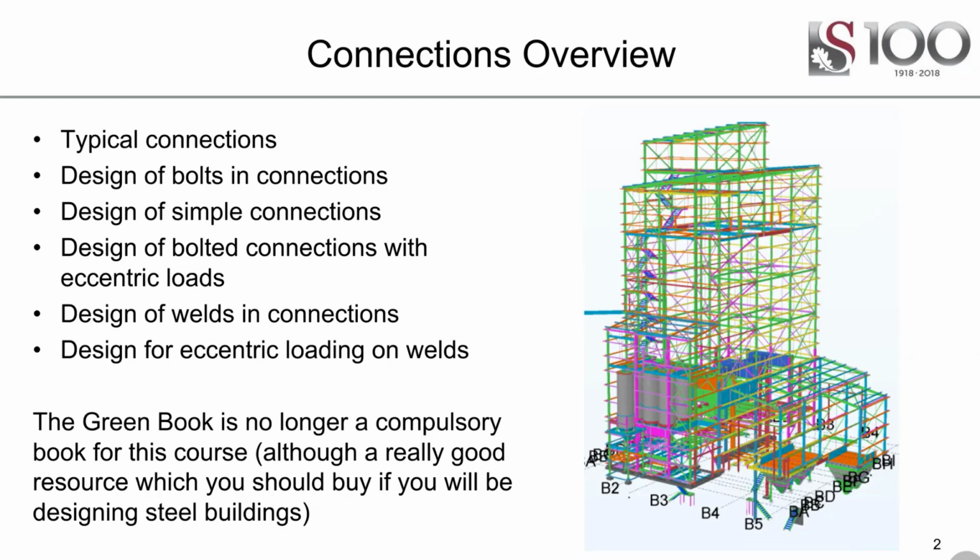If you have a look at the structure shown on the right-hand side here, this is a multi-story industrial structure. In a building like this, there will be a lot of connections because ultimately you bring a whole bunch of steel pieces to site and then they are erected on site and put together in its final form. So in a workshop somewhere, various smaller pieces will be welded together, so you'll then create assemblies.